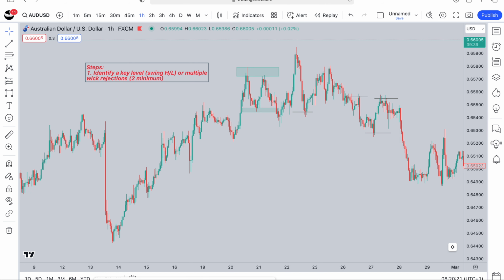This is what I found to be the most accurate. You could also do something like this, and I know some traders like to do this, but I, for one, just feel like you get caught out more often than not.